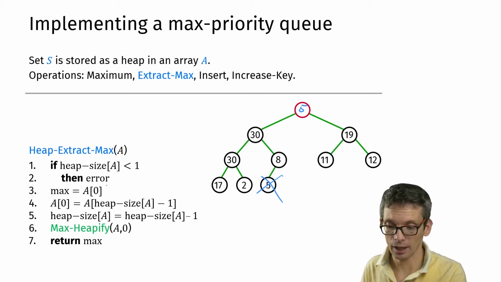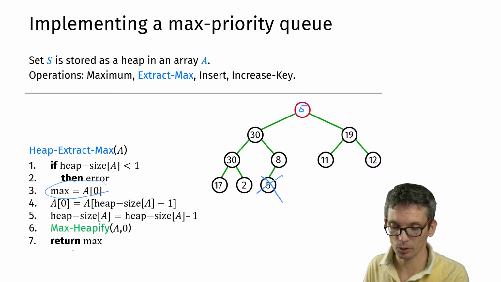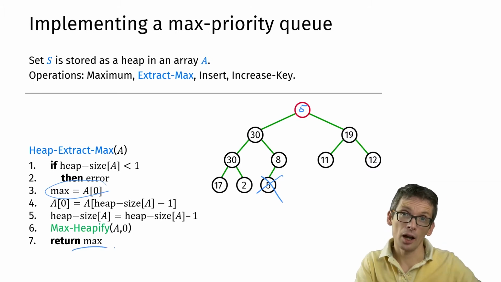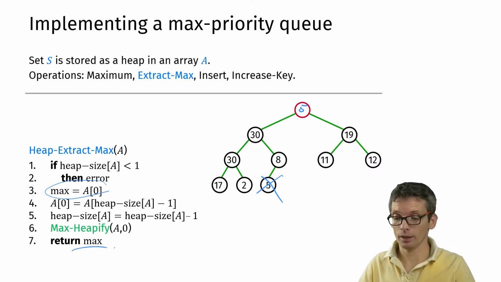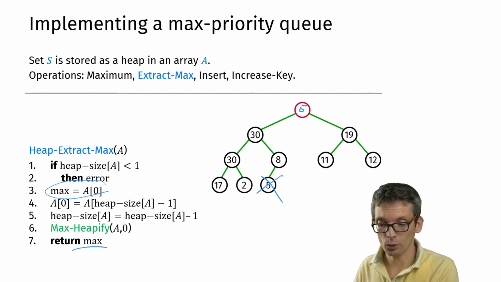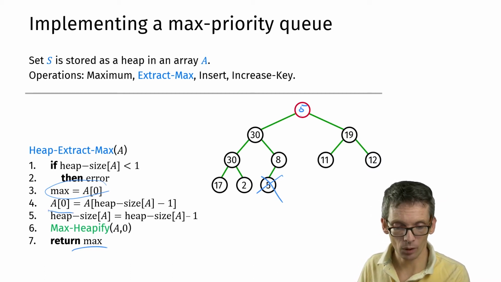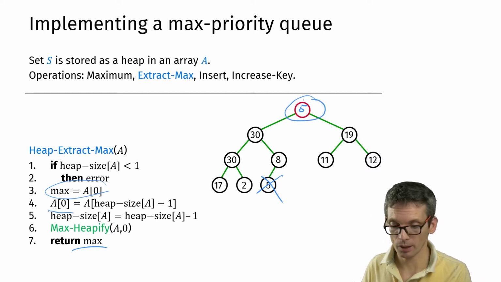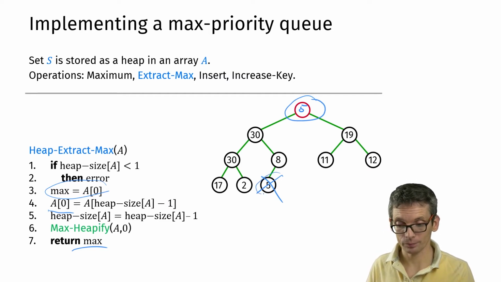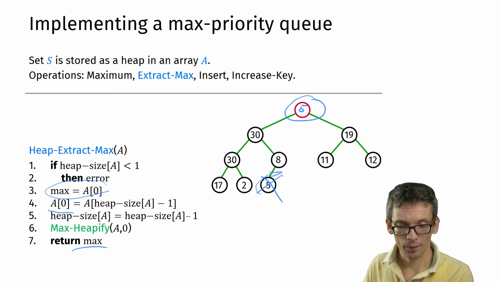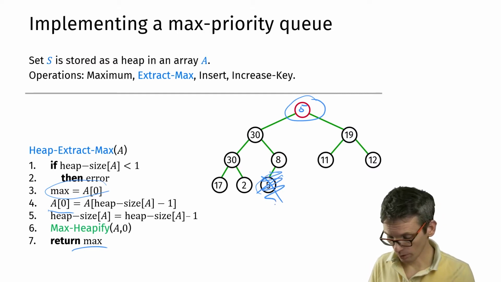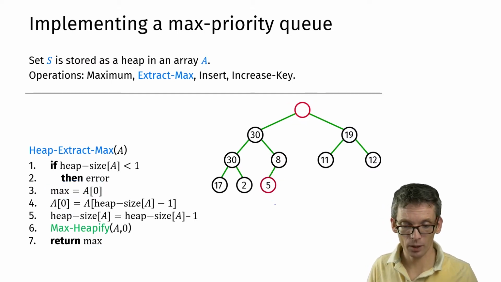If that is the case, we store it as max because that's what we're going to return. We're not only deleting it, but we also want to return it. Now what we do is we set a[0], so this root element, to whatever was the last element, so the 5. And we're going to reduce the heap size by 1. So the 5 down there will disappear.